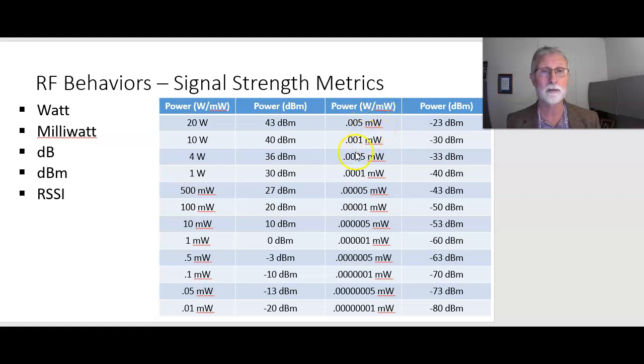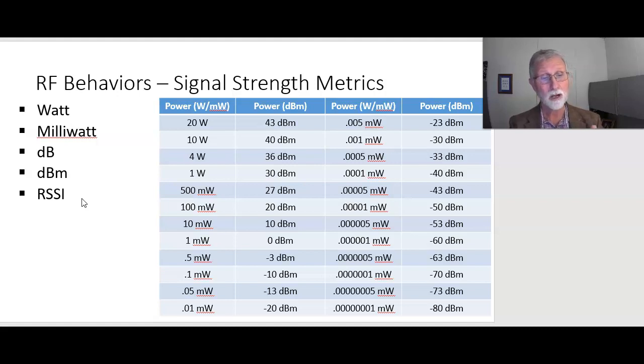with a capital W, milliwatt. The next term you're going to see is dB, decibel, and basically decibel is just a comparative or relative measure between two power levels. So it's just one way of comparing. Now, when you see dBm, that actually is a decibel measurement, and the M stands for milliwatt.